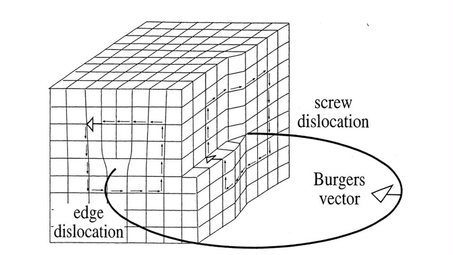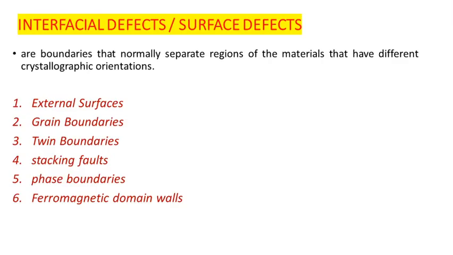So the material is getting twisted or sheared. Such a dislocation is called a screw type dislocation, and in the case of screw dislocation, the Burgers vector is parallel to the dislocation line. So that is regarding the one-dimensional defects or linear defects, also called dislocations. You have to remember that if a question mentions dislocation, it is a linear defect or one-dimensional defect.